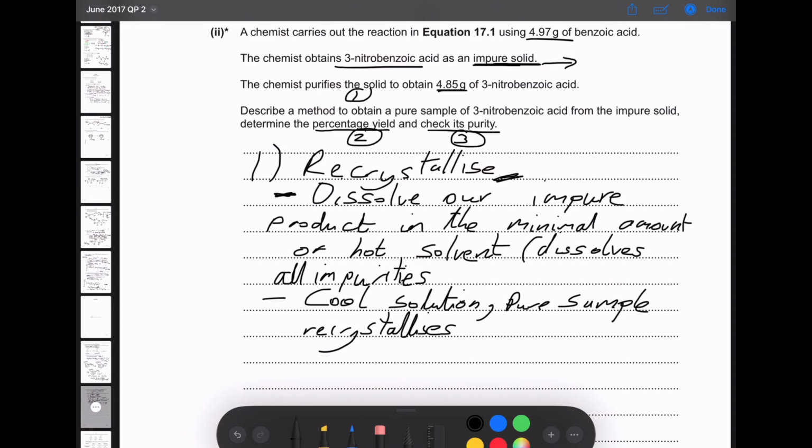And then what do you do with it? Well, you're going to filter it again, and that will give you your pure solid. And then all you've got to do is wash and dry the sample with cold solvent.